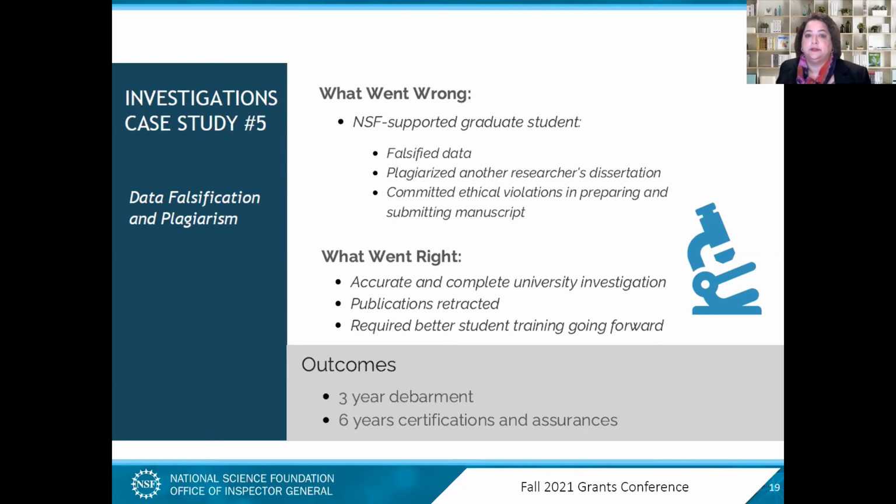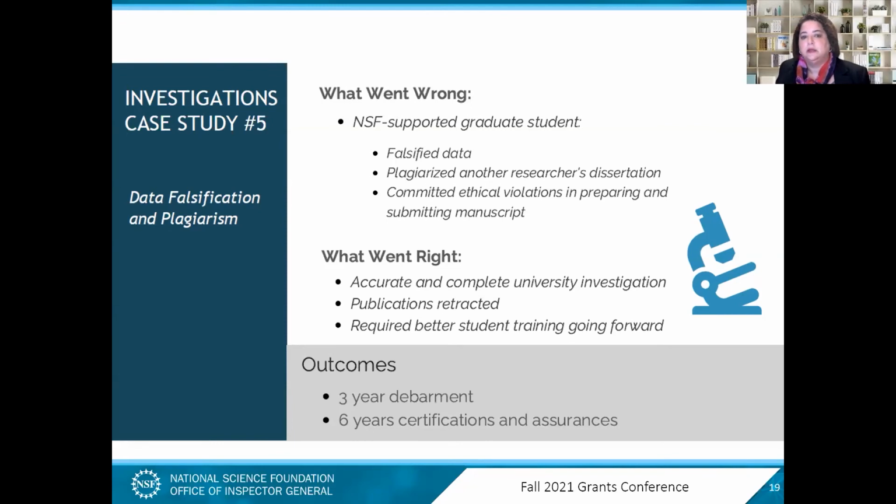When caught, the student blamed hostile work environment, improper supervision, falsely claimed they'd never received responsible conduct of research training, although university records showed otherwise, and overall the advisor's lack of interest. In other words, the student blamed everybody but the student.